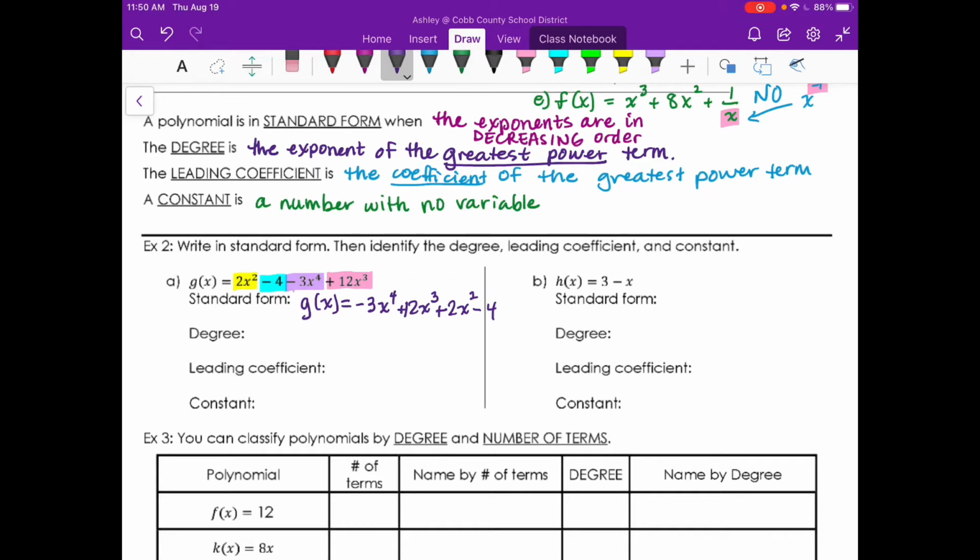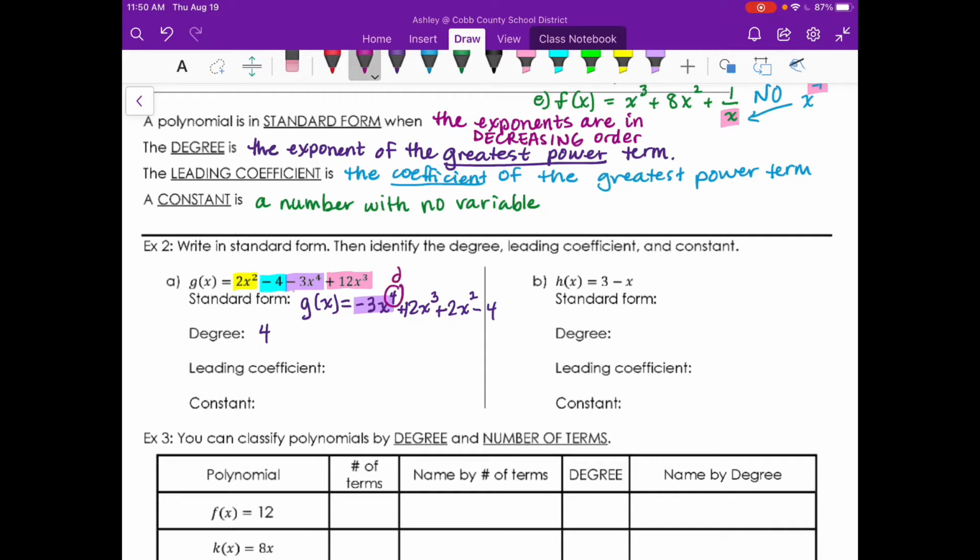And then we're going to look at the degree. The degree is the exponent of the greatest power term. So our greatest power term was negative 3x to the fourth. So the power of that is 4. So the degree of this polynomial function is 4. So again, we're looking at this exponent.